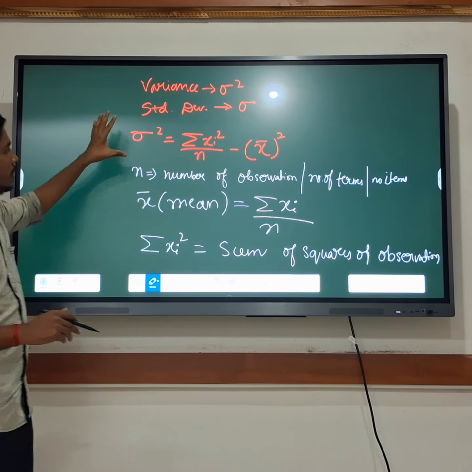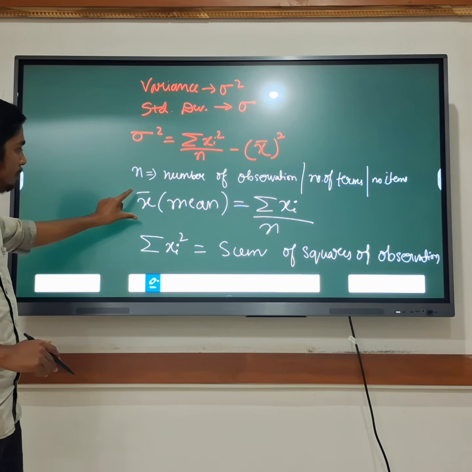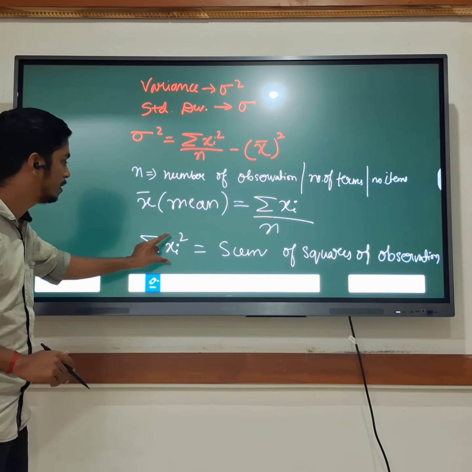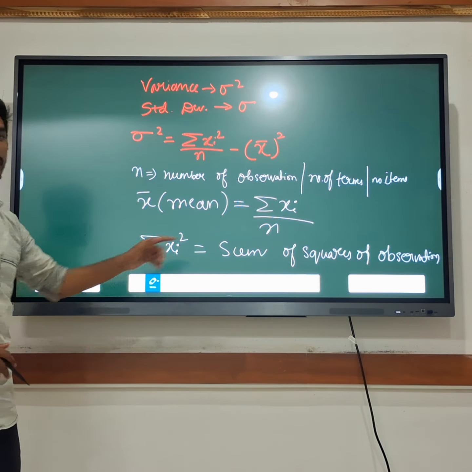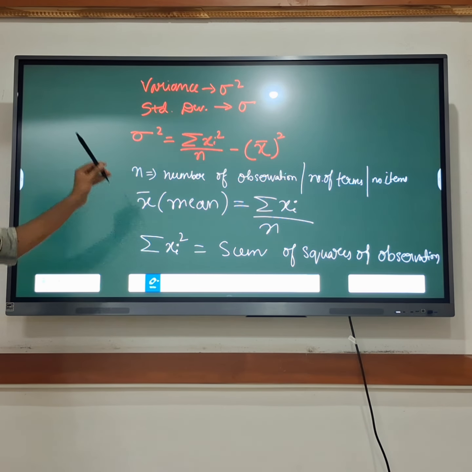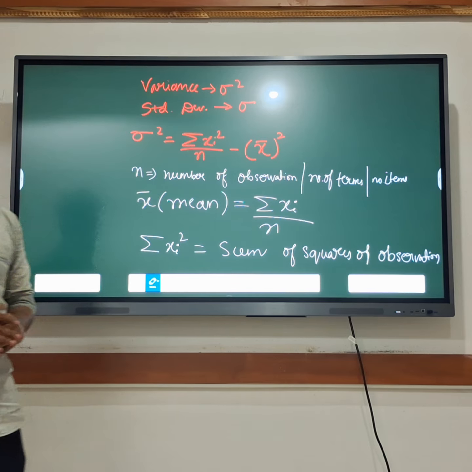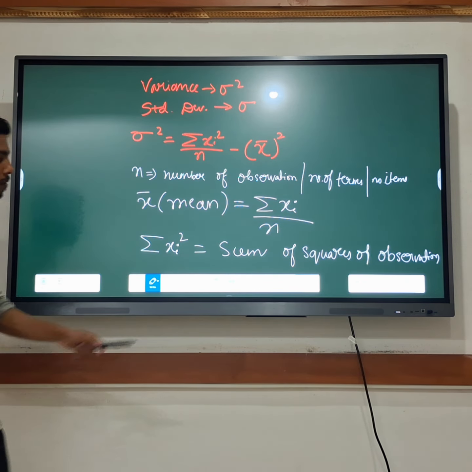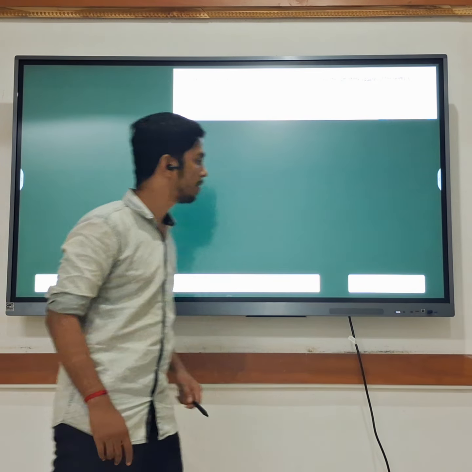Always they will give sigma and mean, and ask to tell the sum of the squares of the observations. This single problem we have seen last time. In the last 4 years we get one question each year. Now we will see one by one.